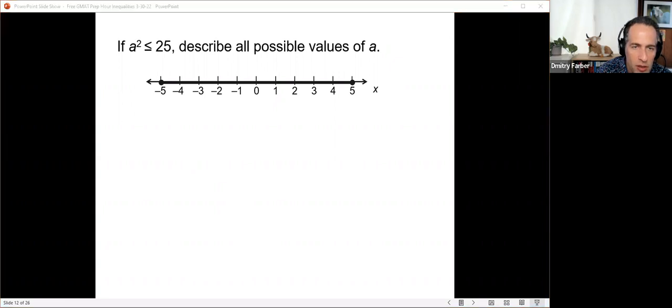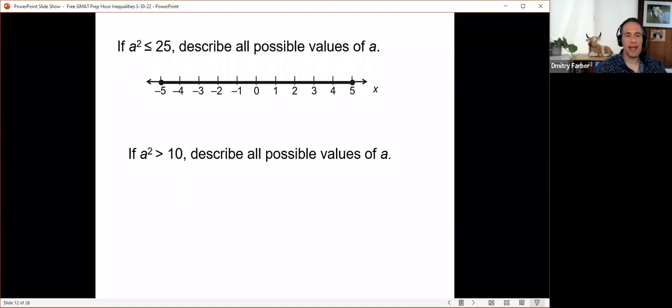So we can see that that's what we get when we have a less than or equal. What would happen if we had a greater than or equal? For instance, what if I had A squared is greater than 10? Then what would be the possible values of A?